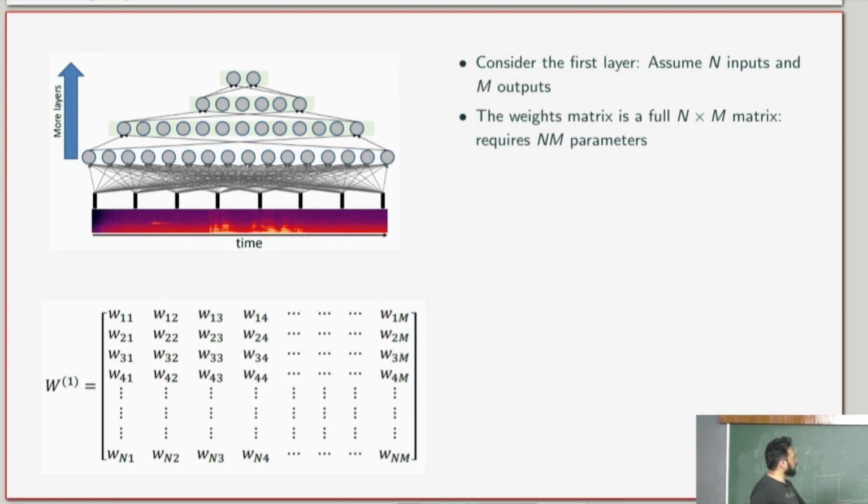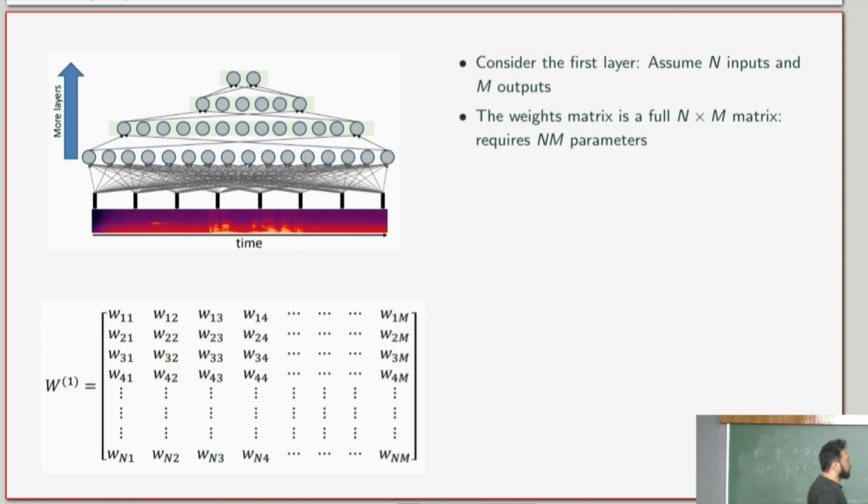Let us say there are n inputs and m neurons, so you get an n by m matrix, because each input is connected to all m neurons. So in a full MLP case, as you can see, there are a lot of weights, and there is no sparsity, obviously. But this is not what we are going to do.